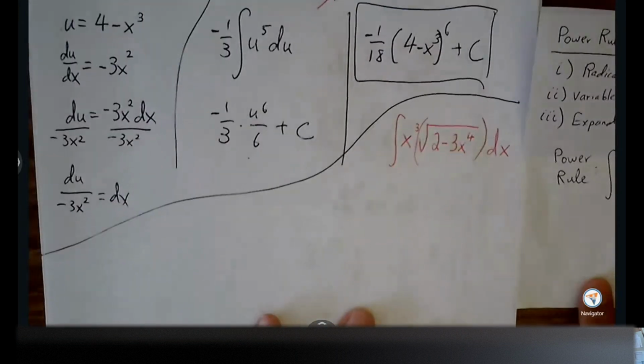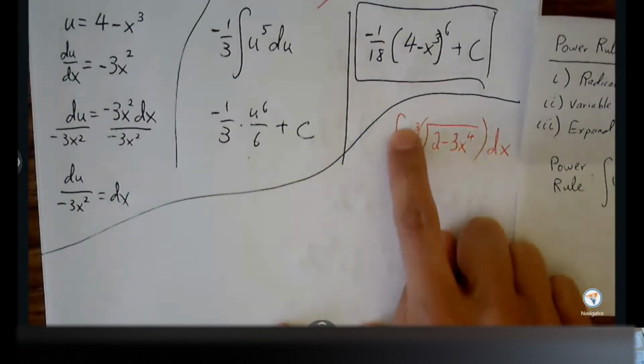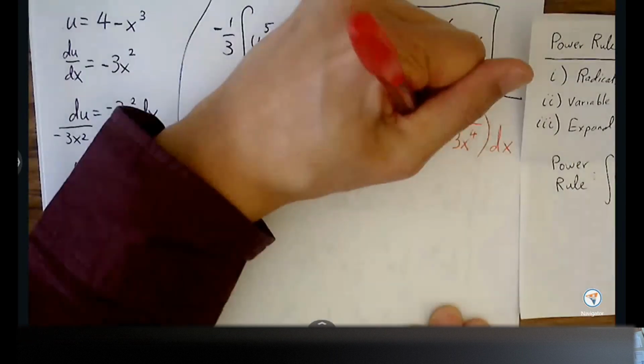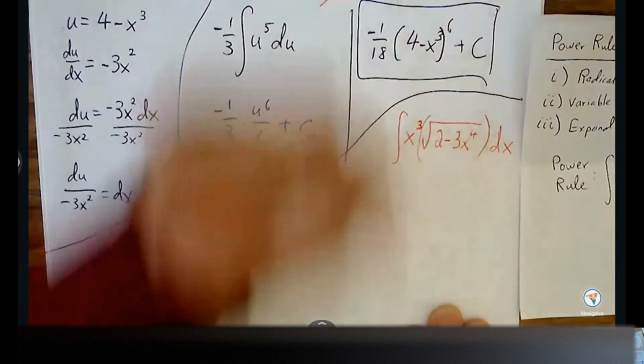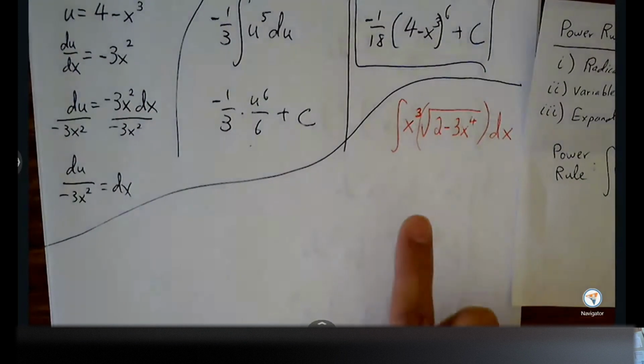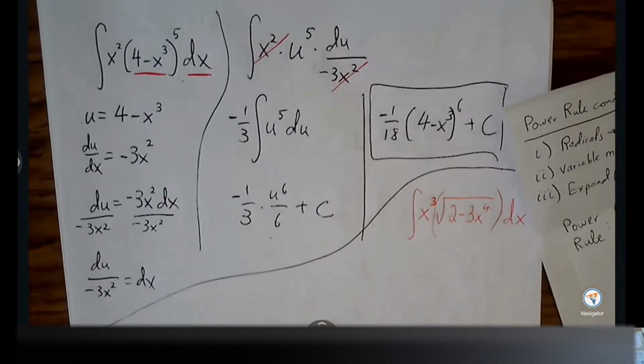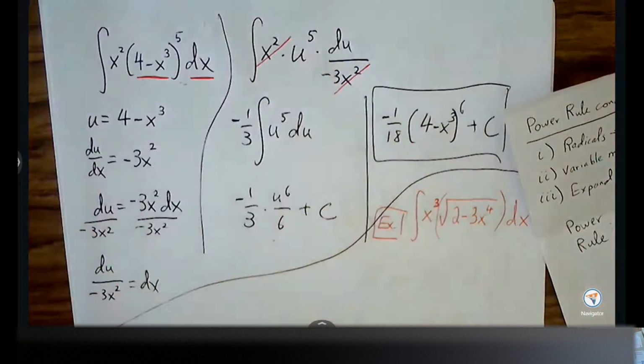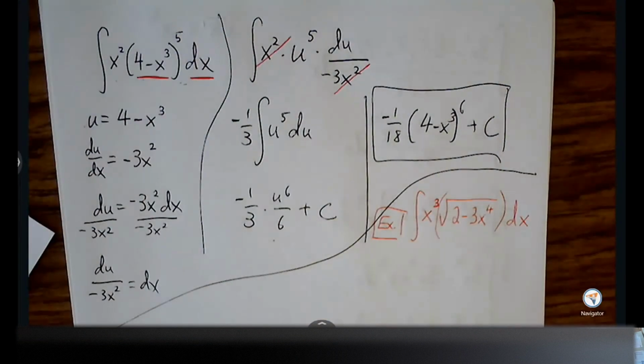So this is x cubed, the cubed is separate, x cubed, and then the square root of 2 minus 3x to the 4th. All right, so try that. See if you can. Here's your example. Let me see how you guys do.